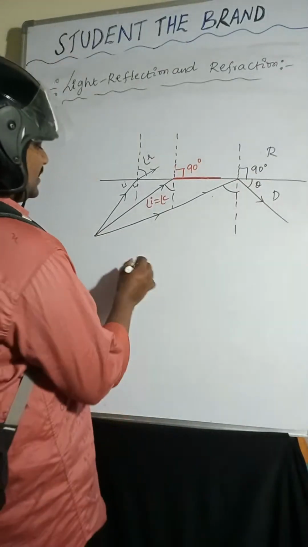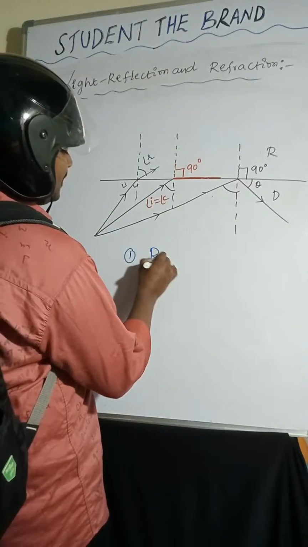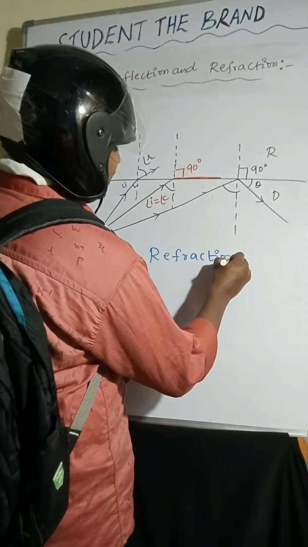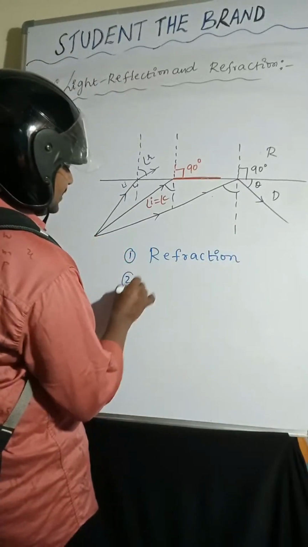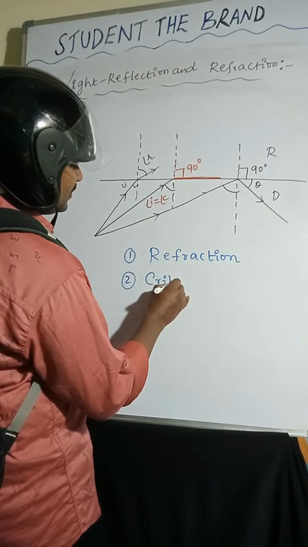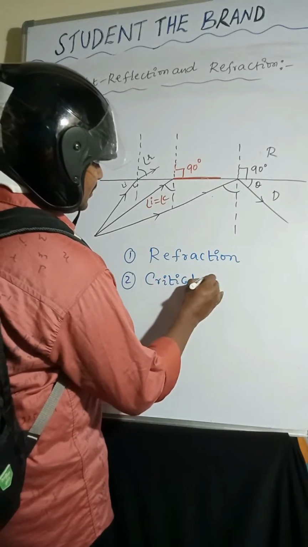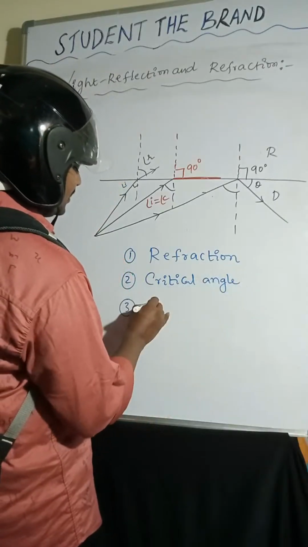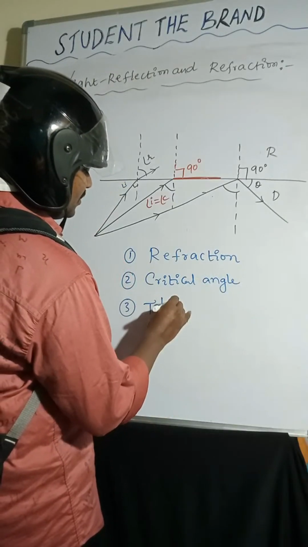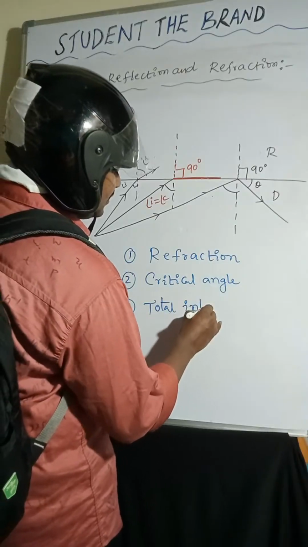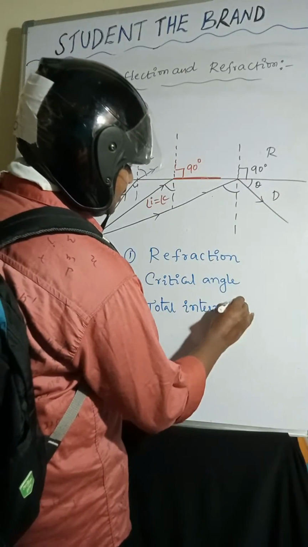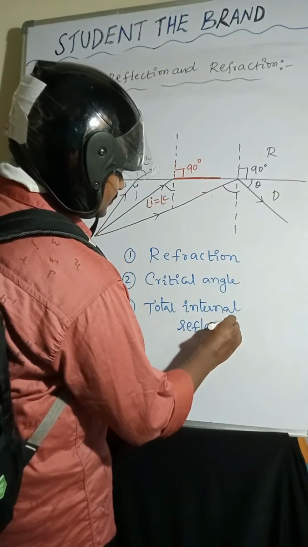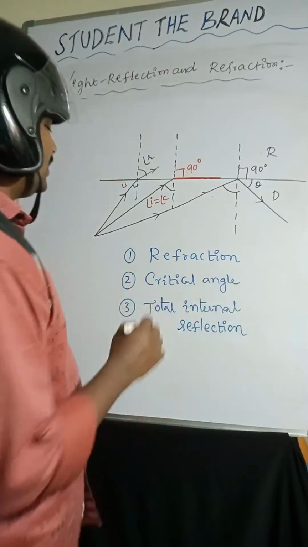So here we discussed one is refraction, second one is critical angle, and third one is total internal reflection.